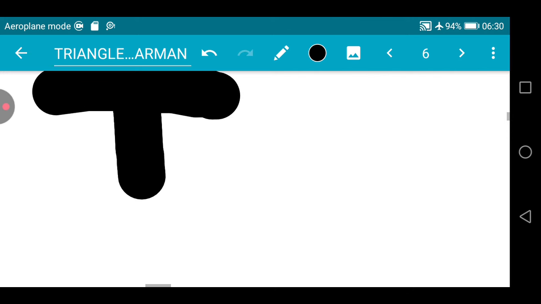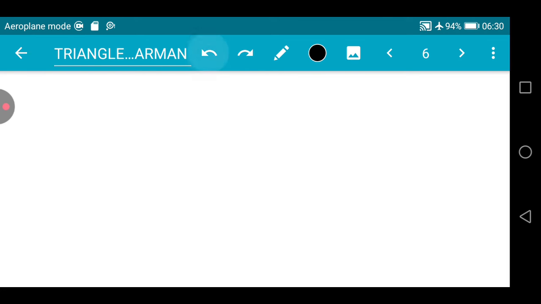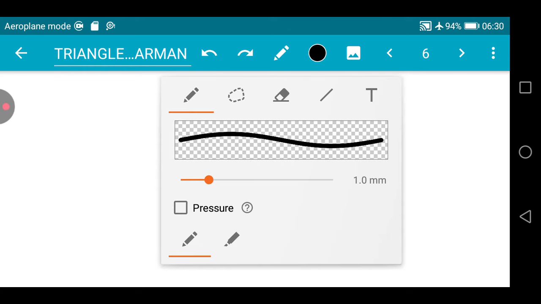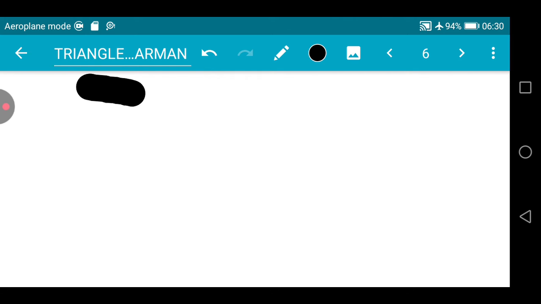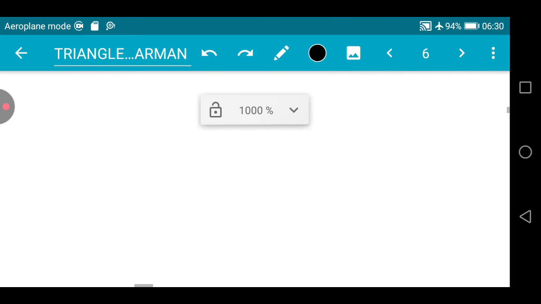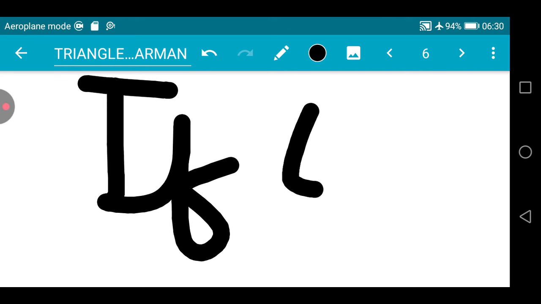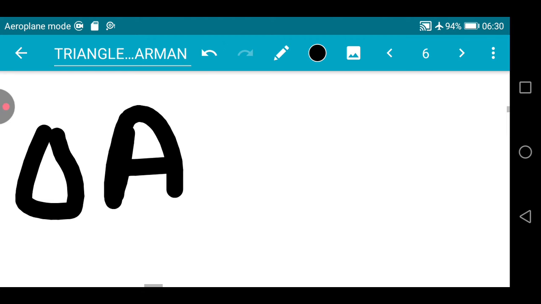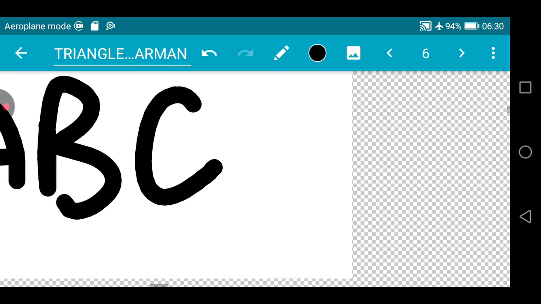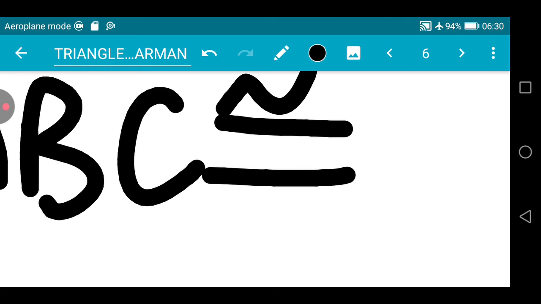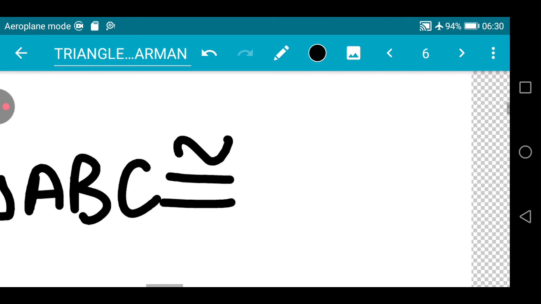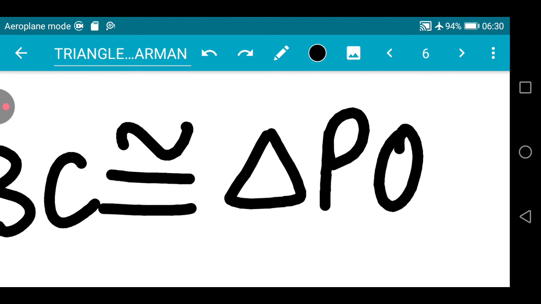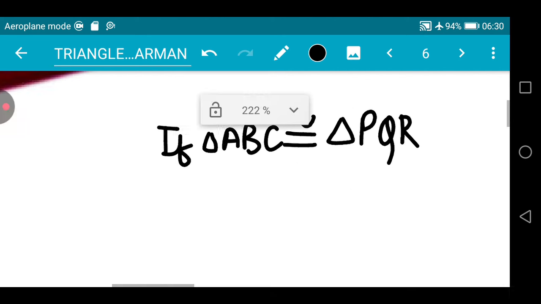I am writing, if triangle ABC is congruent to triangle PQR.